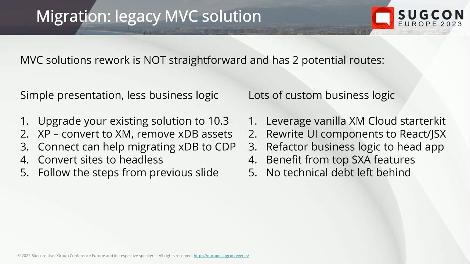For XM, you don't need to do anything, but definitely for XP, you need to remove XDB assets. Sitecore Connect can help you migrate from XDB to CDP so that you can keep your data. Then you convert sites to headless, and you will need to follow all the steps from the previous slide, which I demonstrated about headless.